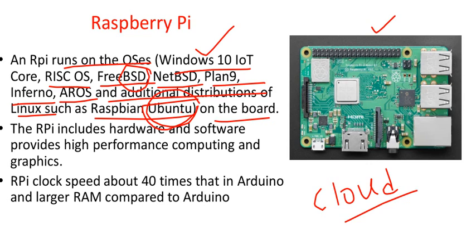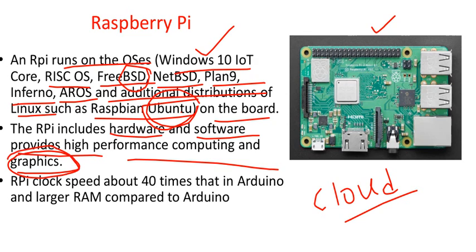That is the reason why probably it has become very popular, and this includes the hardware and software, provides high performance computing and even graphics. So whenever graphics is brought into the picture, probably Raspberry Pi is one of the most appropriate solutions for you to use as long as your IoT applications involve graphics, right?